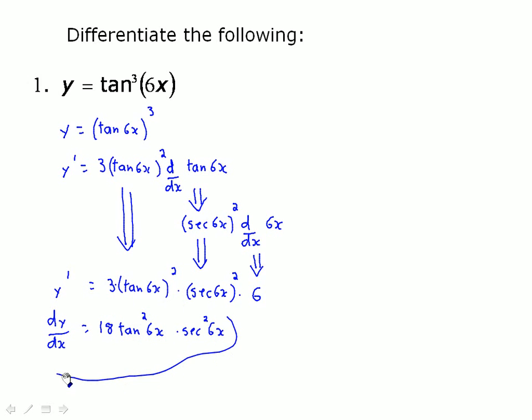Now you could look at this and see, can I do anything more with it? The answer really is no, because there's no real formula that's going to simplify tan and secant. So you pretty much are stuck with the way you have it. You could write that as tan is sine over cos of 6x all squared. Wouldn't really do much for you, I don't think. So we're left with this.